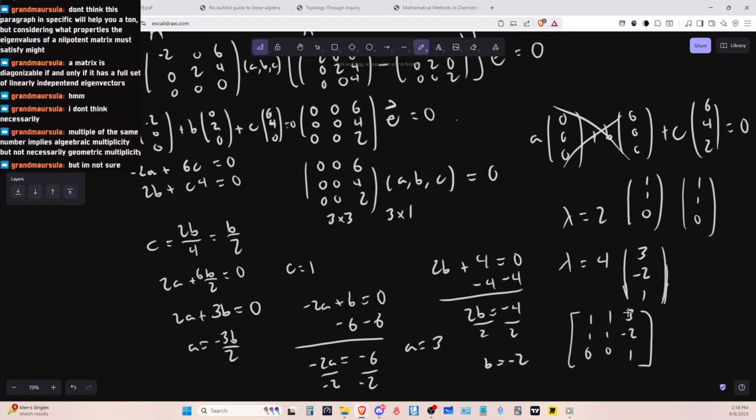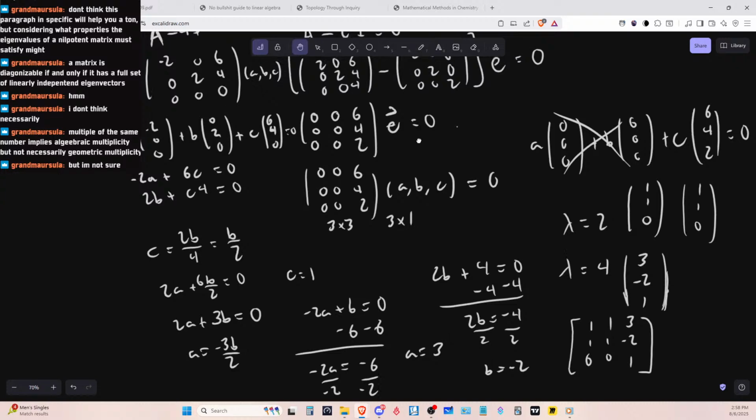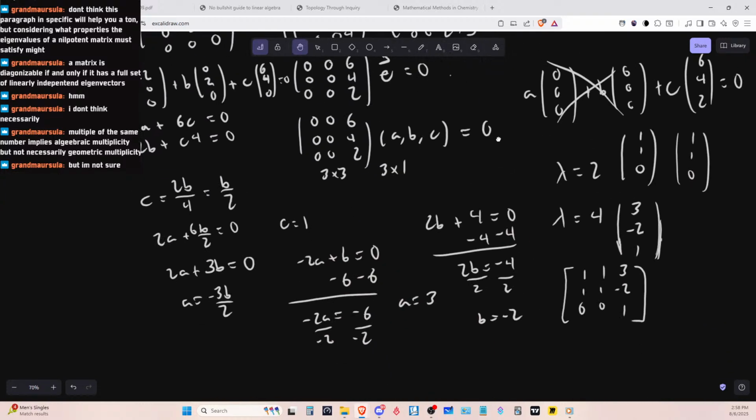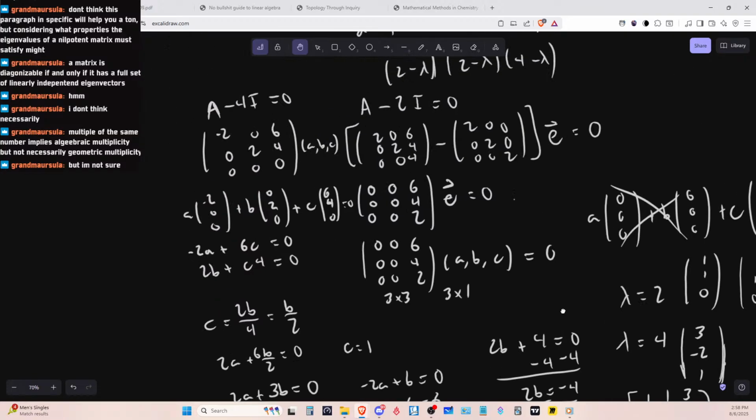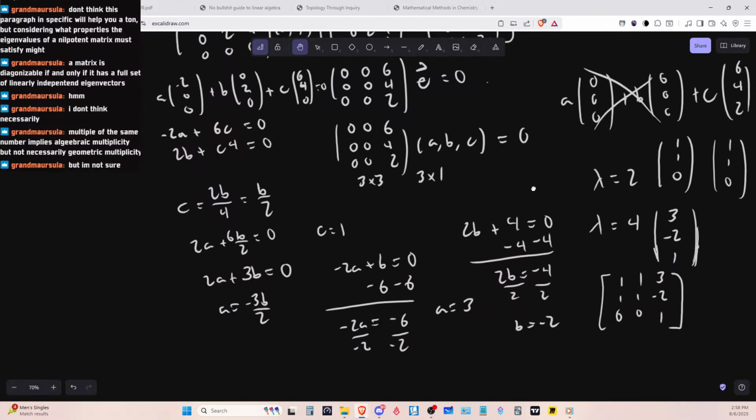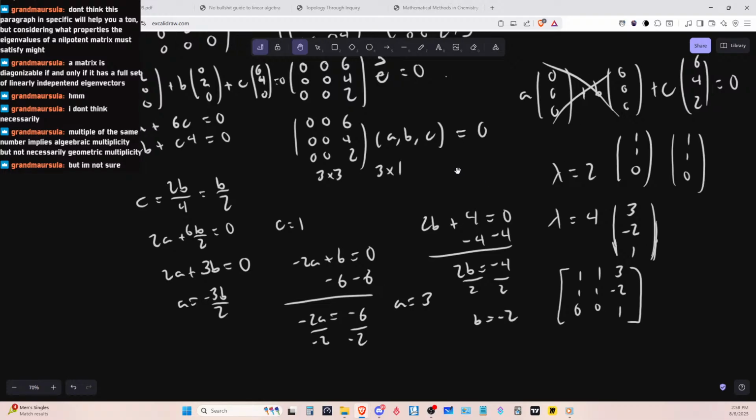It does give us 3 eigenvectors when I think about it, because this one is just done twice. But I don't know if that's truly what counts here.